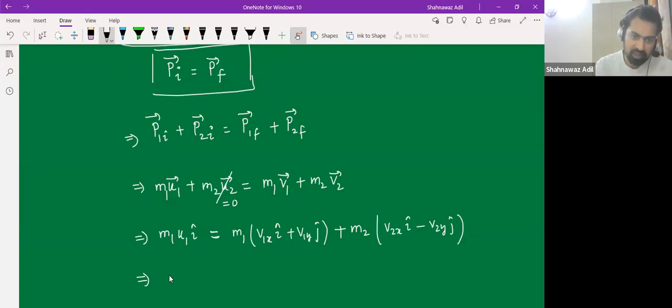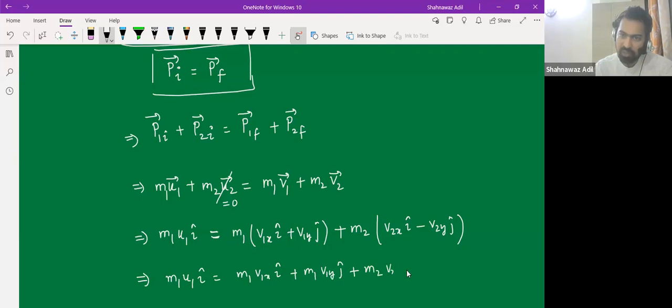So let us write this as M1 U1 I, and the right side is M1 V1X I hat plus M1 V1Y J hat plus M2 V2X I hat minus M2 V2Y J hat. We have to write I in one part and J in one part.